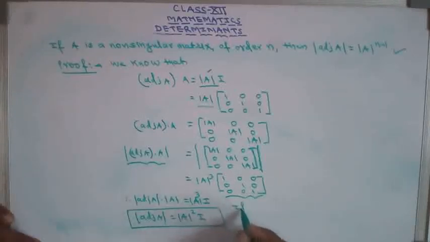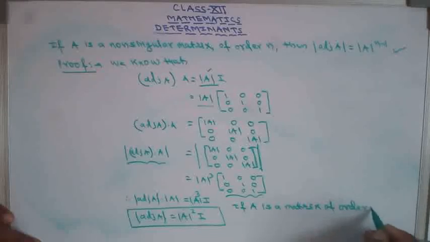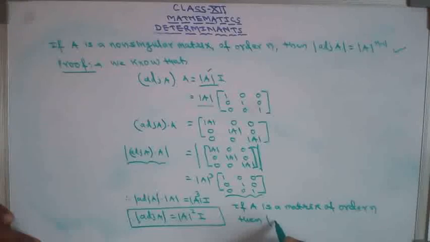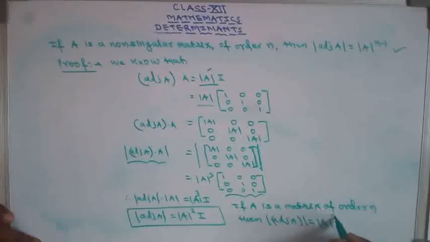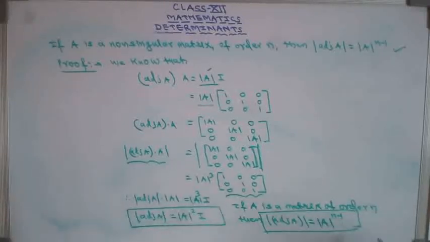If A is a matrix of order n, then determinant of adjoint of A will be equal to determinant of A raised to the power n minus 1. No need to write I because this is a determinant.